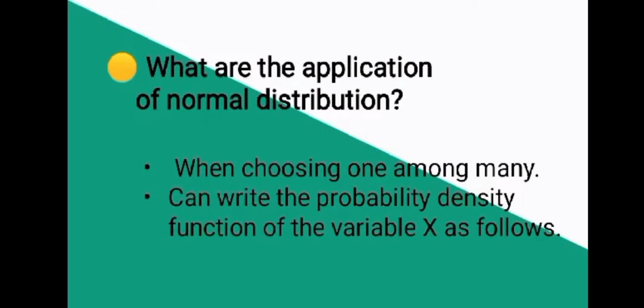What are the applications of normal distribution? When choosing one among many, like the weight of canned juice or a bag of cookies, the length of bolts and nuts, or height and weight, we can write the probability density function of the variable x as follows.